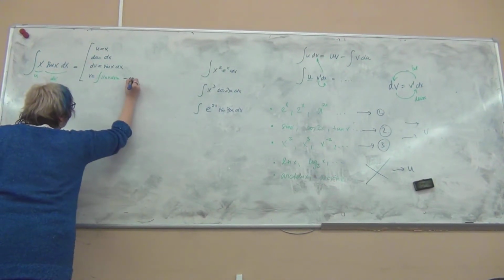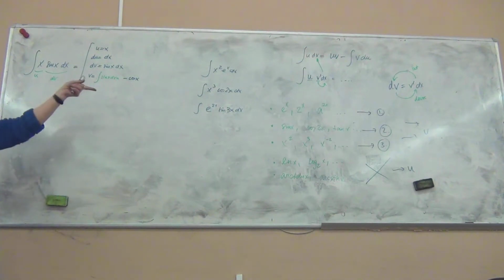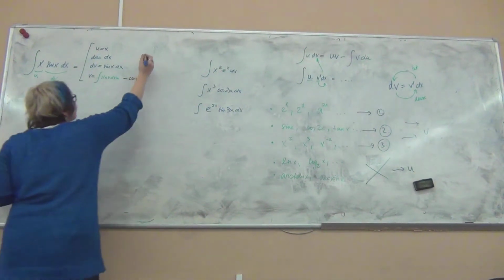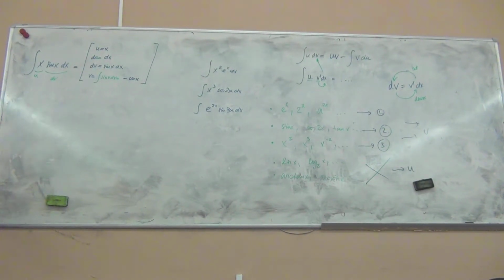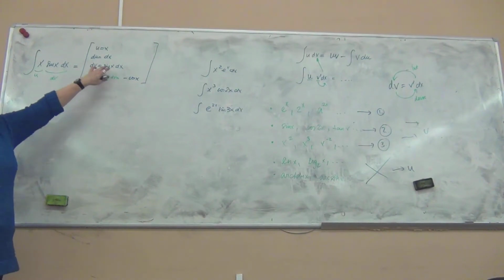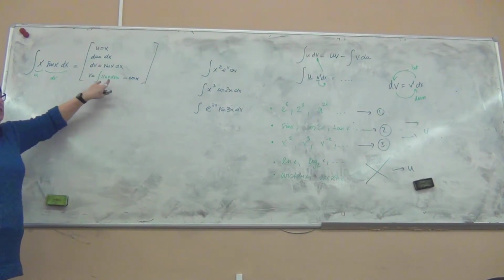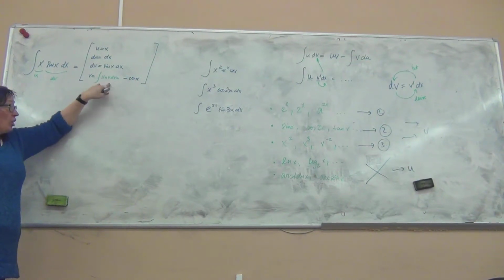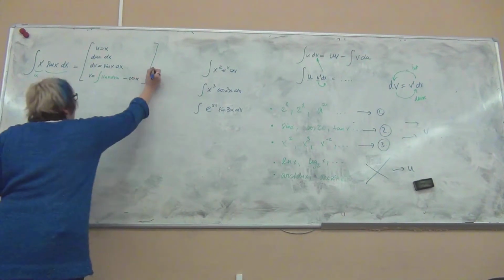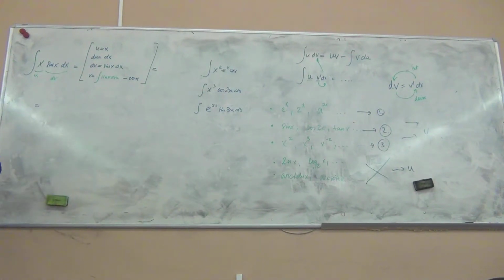So v will be minus cosine x. No need for the constant. We don't need the constant of integration here. We will put the constant in the answer in the end. So you don't have to write this, but this is what happens. This is the partial integral, integrating by parts, just one part of this. And now, when I have done all my inventory, well, this is what it is. It's taking inventory of what we have and what we can get.